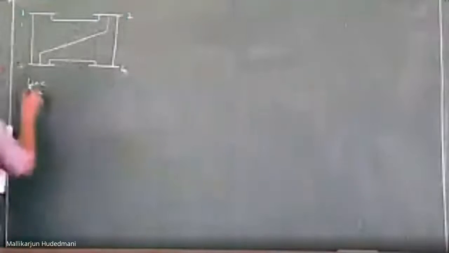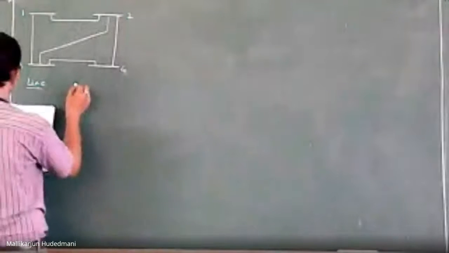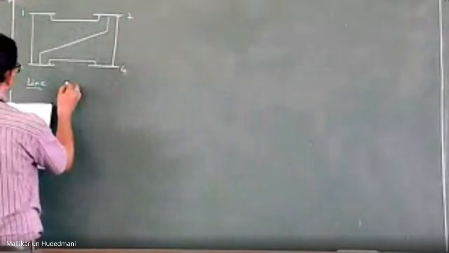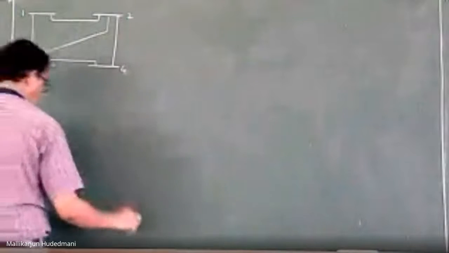The transmission line data is given in the form of R and X. Let me write here, then let us see how exactly this problem works out.